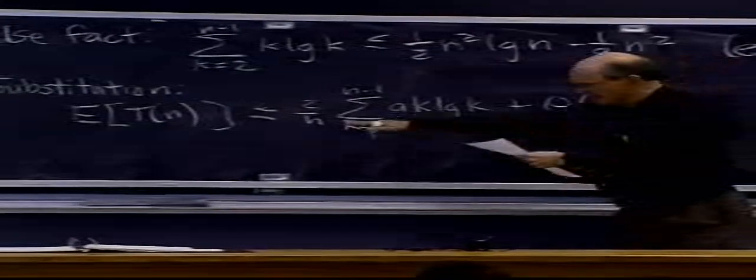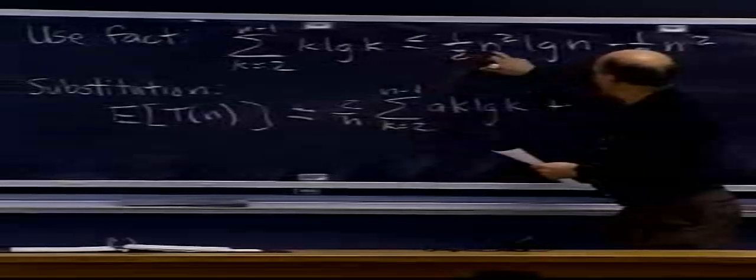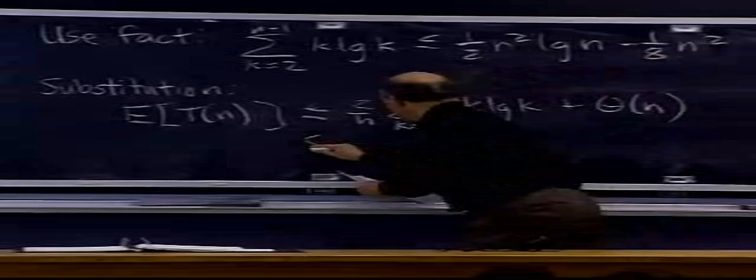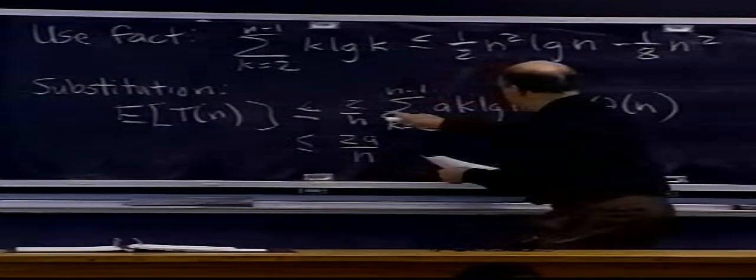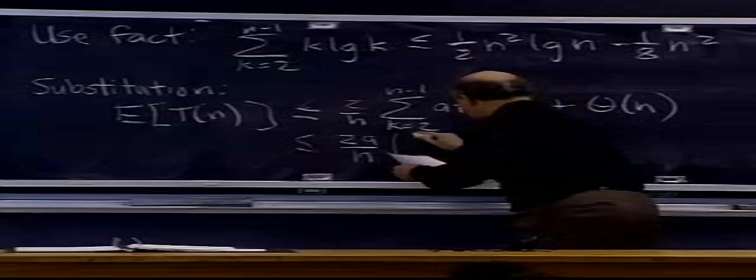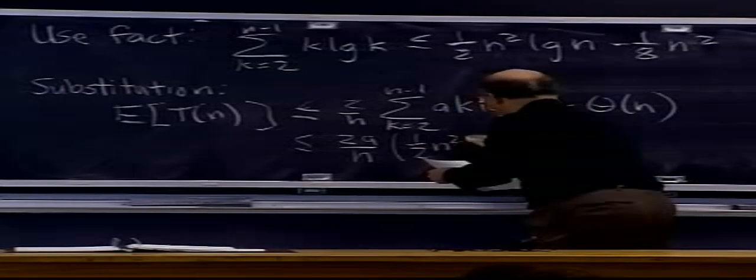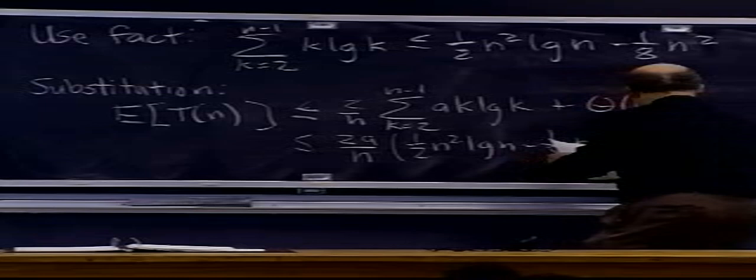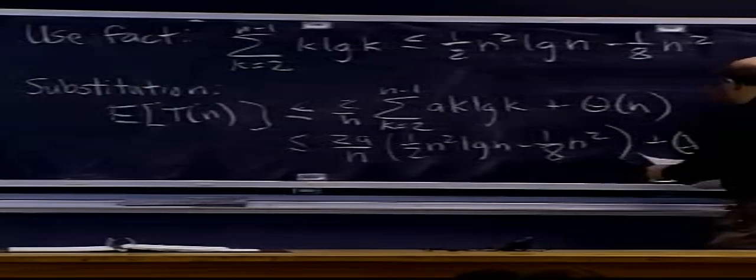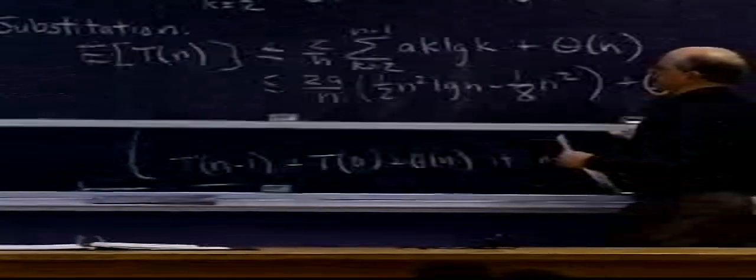We can multiply this through, we can apply this fact. That's less than or equal to 2a over n, because I pulled the a out, times 1/2 n squared log n minus 1/8 n squared plus theta n. So that's just a little bit of substituting things in, and we're almost done.